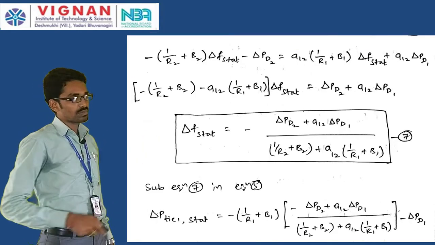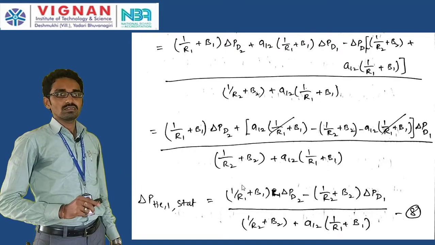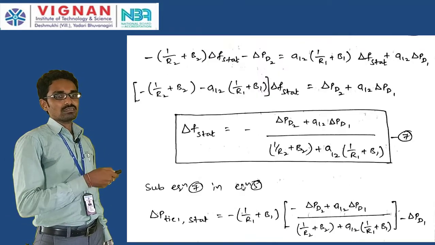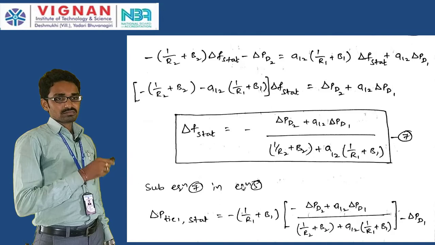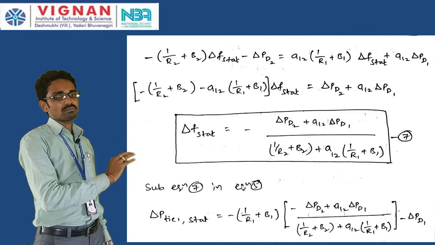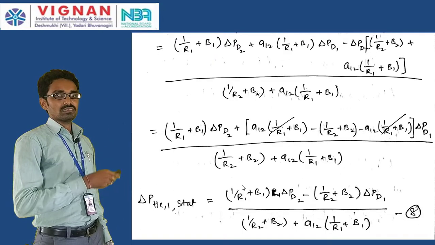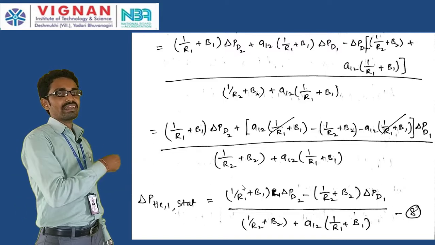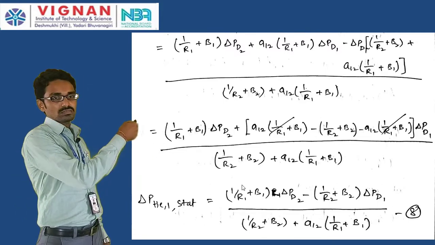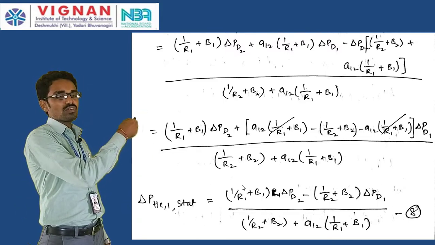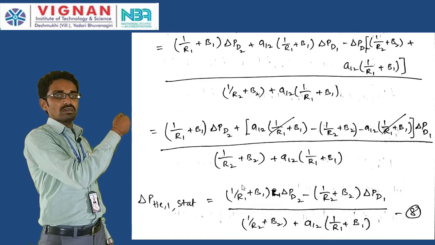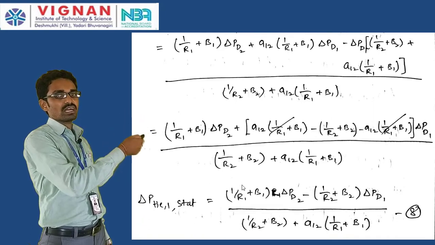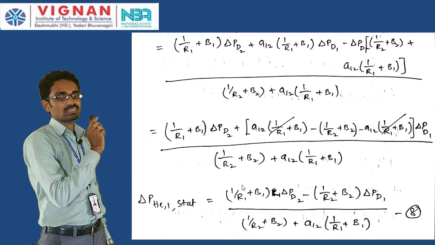Multiplying minus 1 by R1 plus B1 inside the bracket and rearranging, the A12 into 1 by R1 plus B1 and the minus A12 into 1 by R1 plus B1 get cancelled.